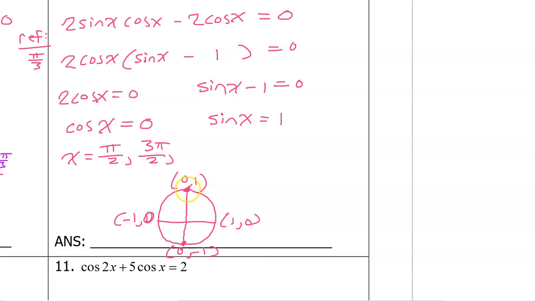Well, guess what? The only place where the y value equals 1 is again up here at the very top. So that's again pi over 2, which we already had. So that doesn't actually add any additional solutions. That means the two solutions that I wrote down in the first place are the only solutions.